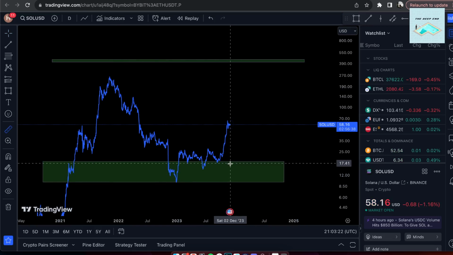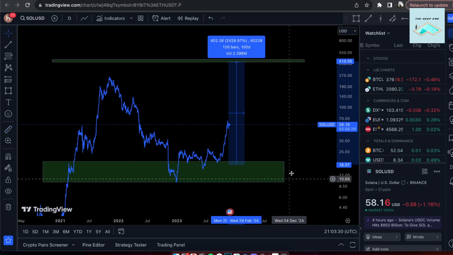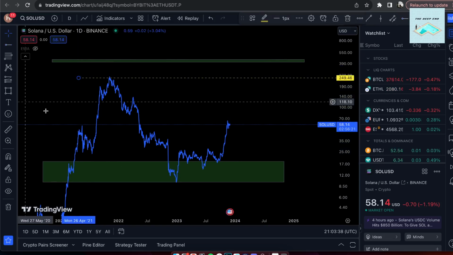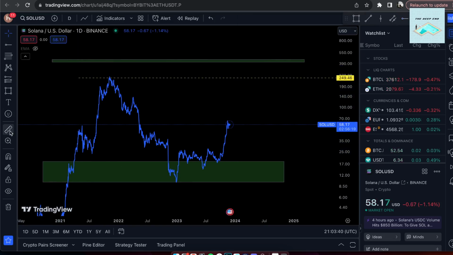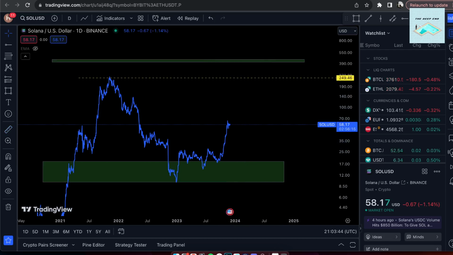And let's say even at the top of the box at $16, you're talking like a 20x from there, which is pretty nuts. Even if it goes to its all-time high, which it was previously at, you're buying at the top of the box, you are 12 times your money. So pretty mad.